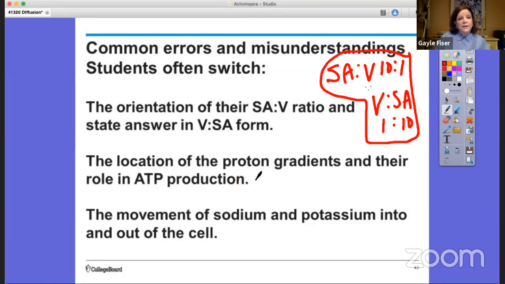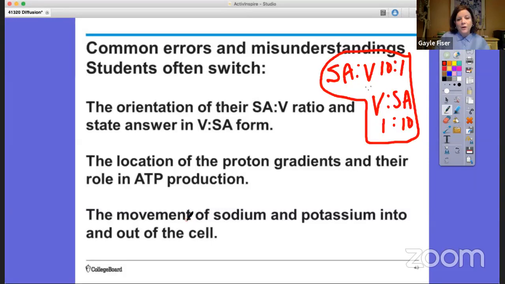All right, and then another place is the location of proton gradients and their role in ATP production. We're moving into photosynthesis and cellular respiration after osmosis tomorrow, and that's really exciting. I think we've probably established a real good handle on proton gradients, and then we can just take it one step further and you have photosynthesis and cellular respiration down.